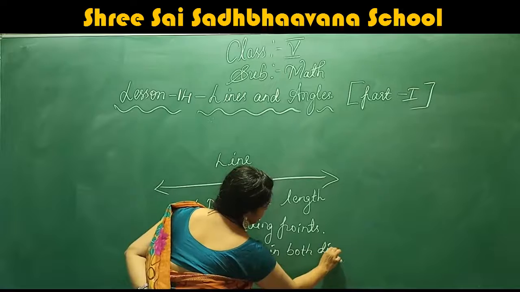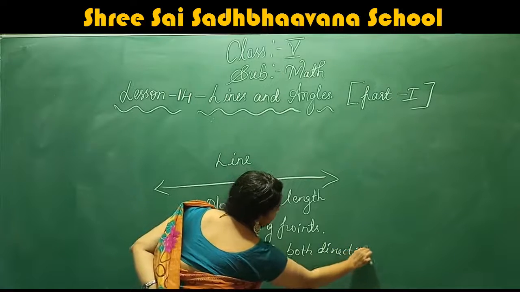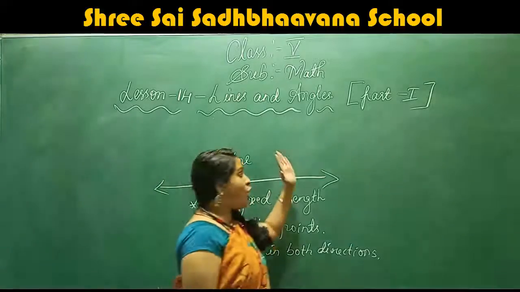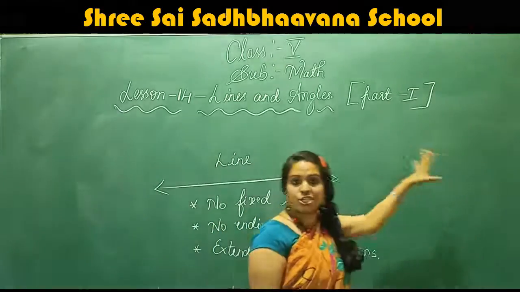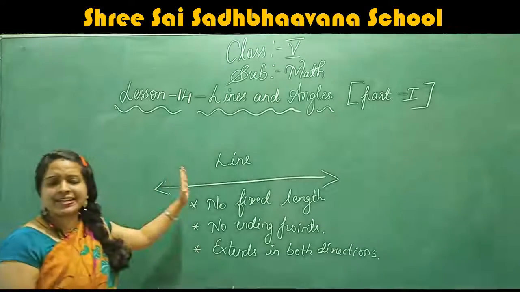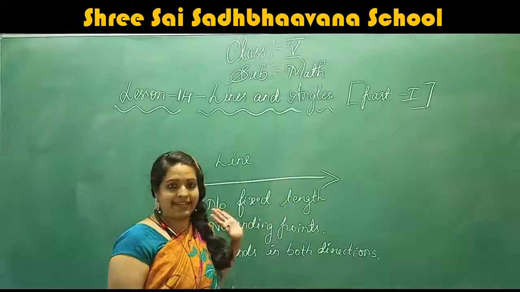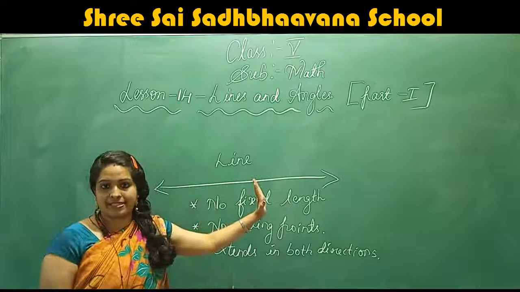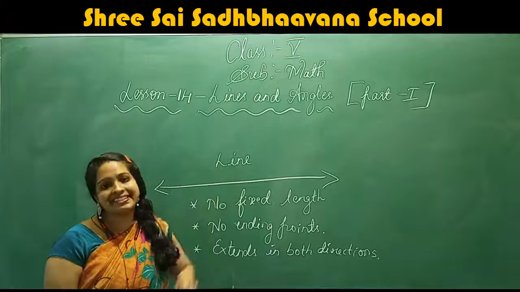You can extend or continue in this direction, and in this direction also. You can continue this line in both directions. There is no fixed length and there are no ending points. This is all about the line.